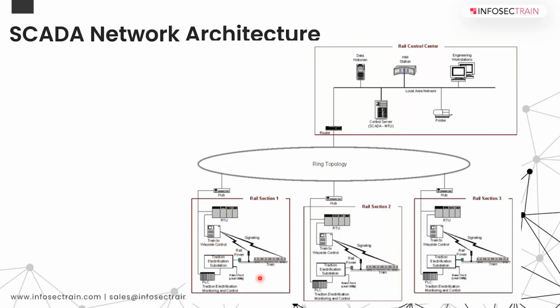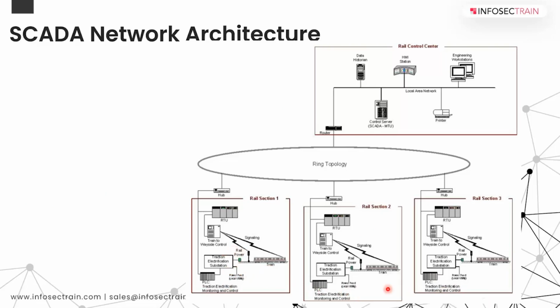You have the relevant hardware to track the train and various other applications. So the SCADA system here holds the railway sections, different sections 1, 2, 3, for status of the train, the signal systems, the traction, electrification, and all the other data. It doesn't have to be industrial data. It could be ticketing data as well, like from stations and so on.